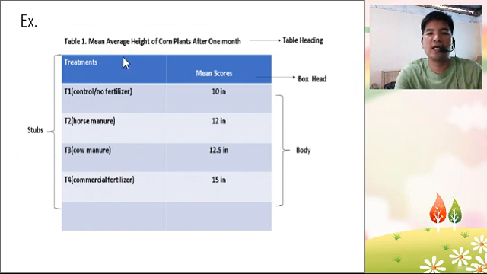This one is the example. This is called the table heading. It is composed of the table and its number, and of course the title of the table. That's why it's called table heading. This part here, treatment 1 up to treatment 4, are called the stubs. They are usually found at the left side of the table.